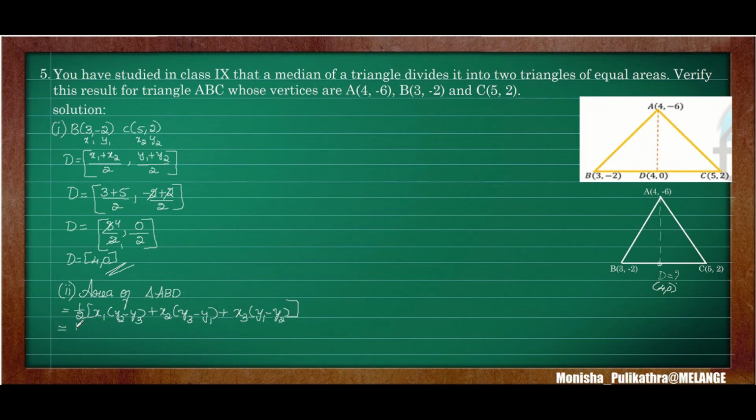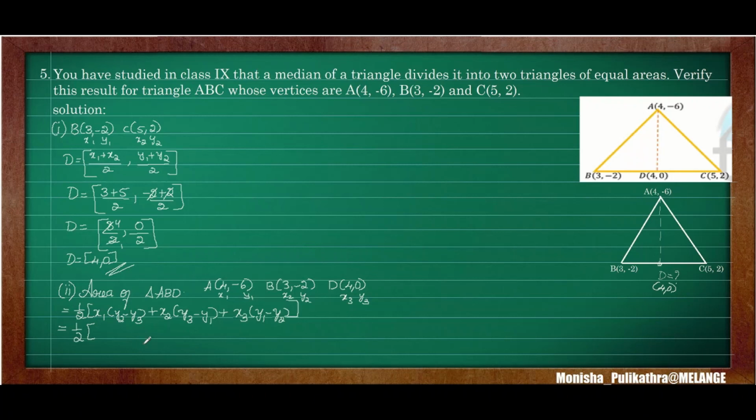Next we need to substitute it. Half into x1, here A is (4, minus 6), B is (3, minus 2) and D is (4, 0). Okay, here this will be x1 y1, x2 y2 and x3 y3.